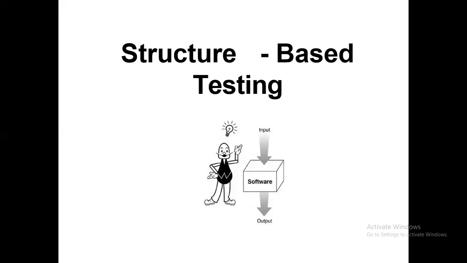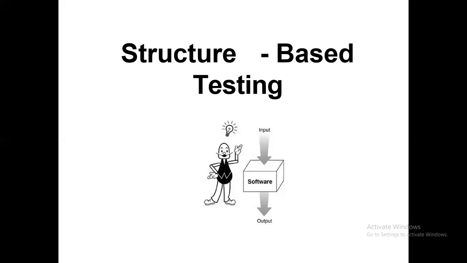It means the code is visible to the tester. So usually the tester will input different values, examine how the data flow or the control flow happens inside the code, and then check the output. So that is mainly what white box testing is about.